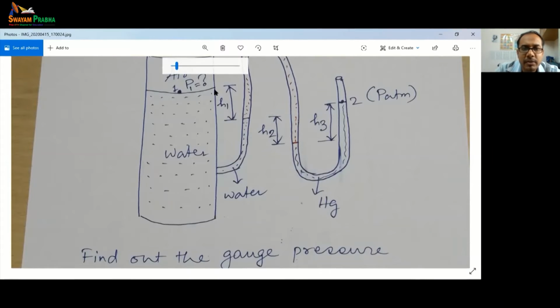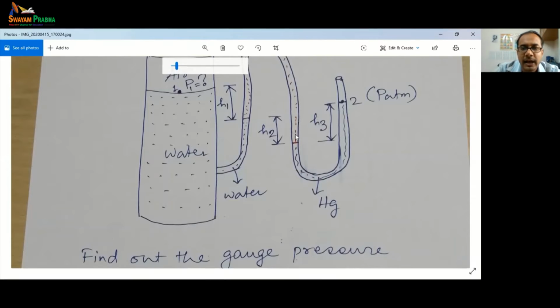Whenever we are going deeper in height or depth, from here when we go towards the direction of gravity, the pressure will increase by this rho g h, and here rho will be for water.